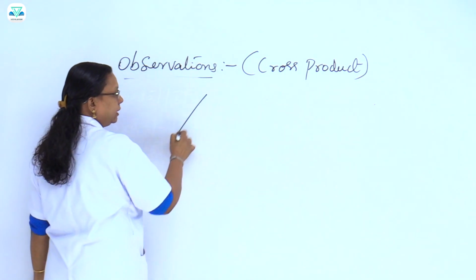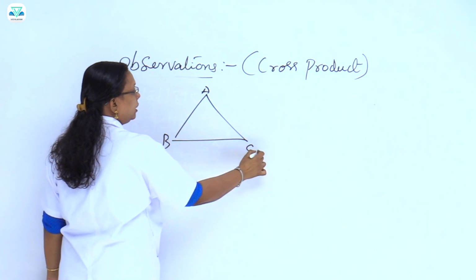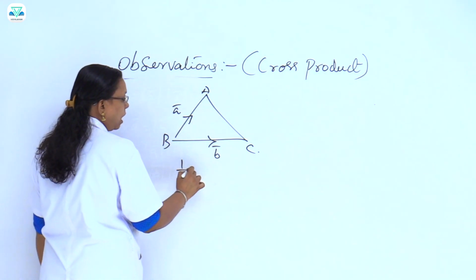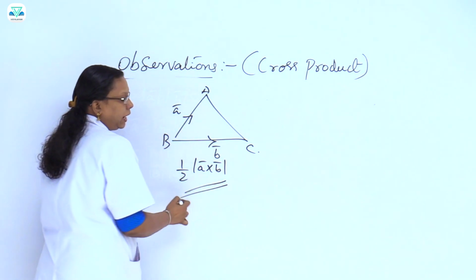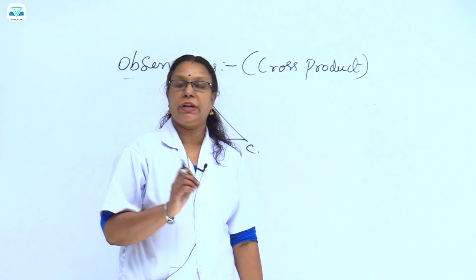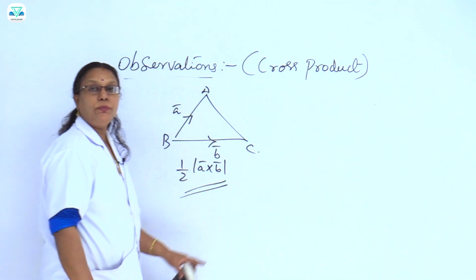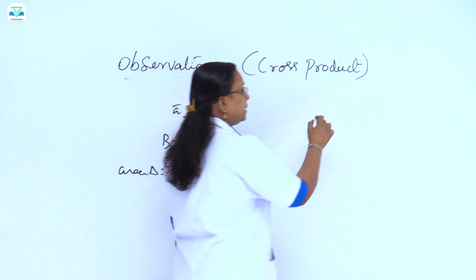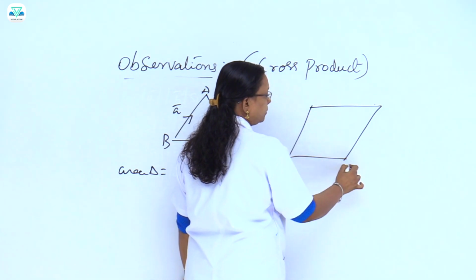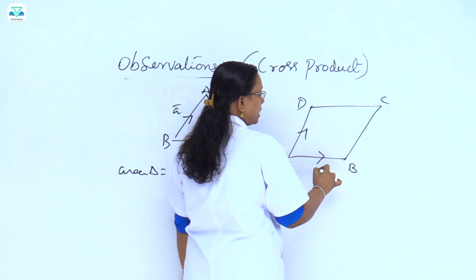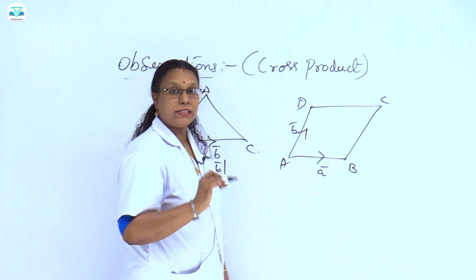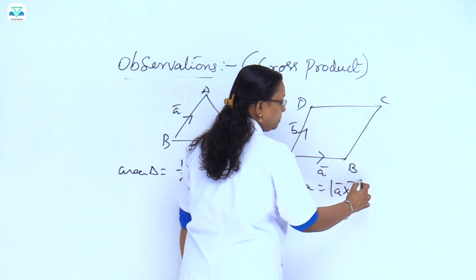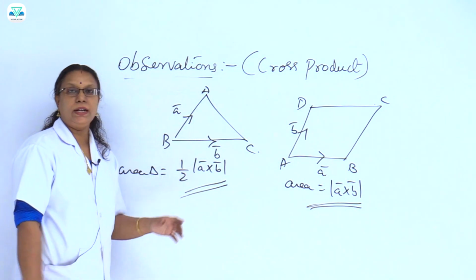Now given a triangle ABC, if its adjacent sides are vector A and vector B, the area of this triangle is defined as half into modulus of A cross B. Area of the triangle is equal to half into modulus of A cross B. In the same way, given a parallelogram ABCD whose adjacent sides are vector A and vector B, its area is given by modulus of A cross B. These are applications of the vector product.